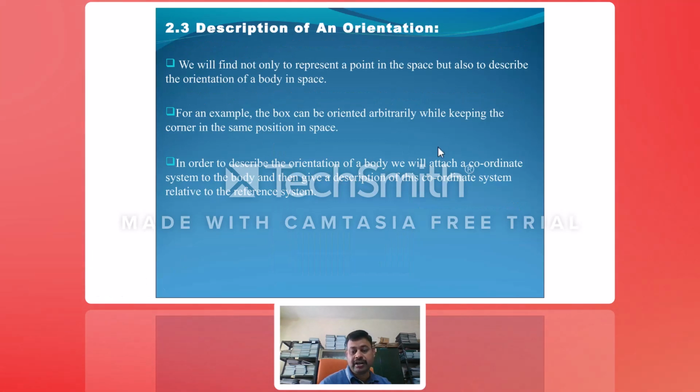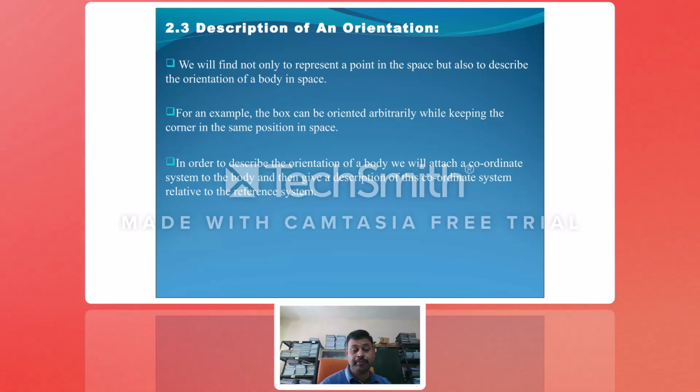Further, now we are describing the position, and next we are going to talk about the orientation. Position is okay. Orientation means how to represent it. We not only represent a point in space, but also describe the orientation of a body in space. This is important. While talking about the end effector in space, the orientation is very important.